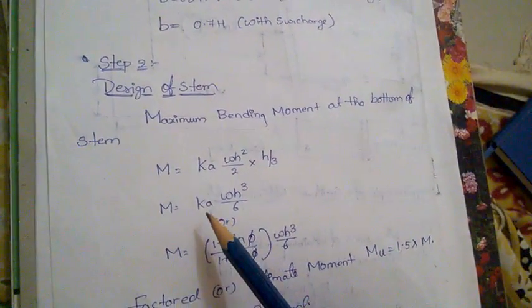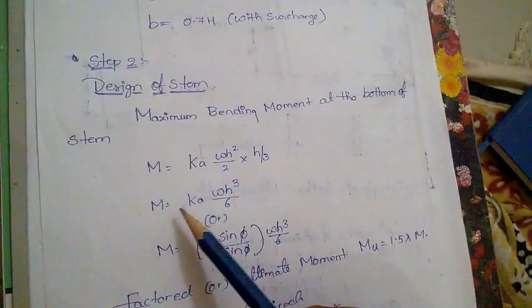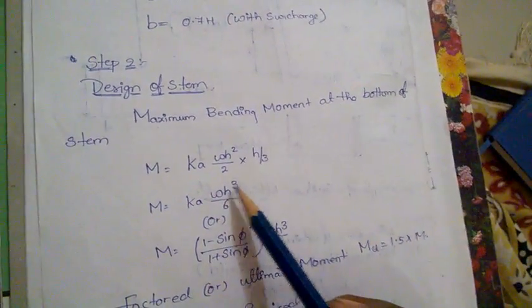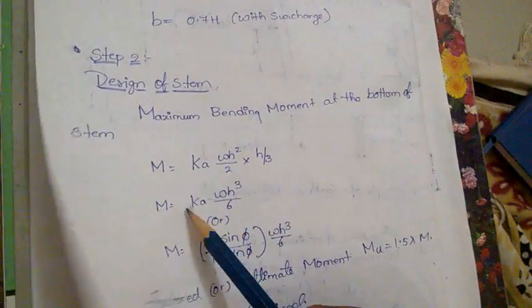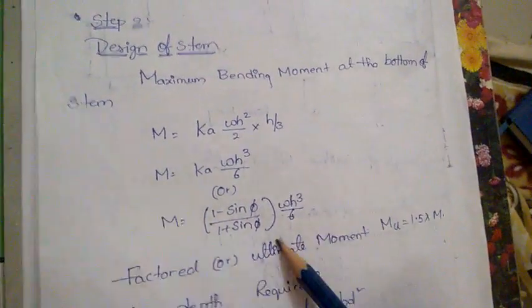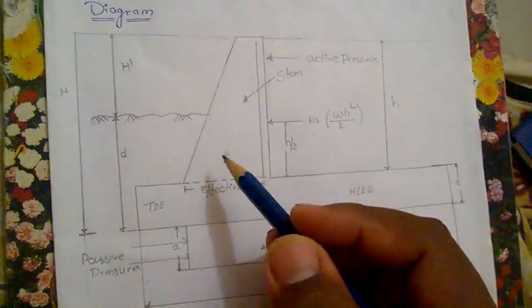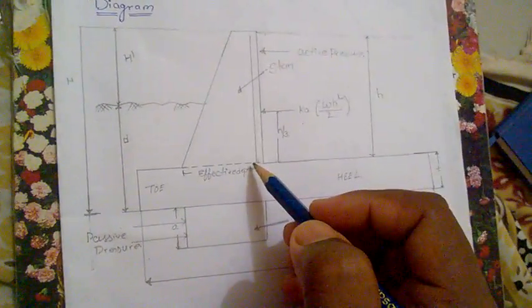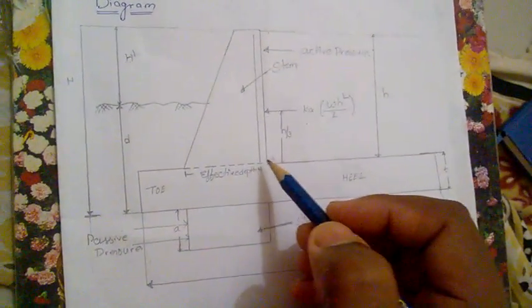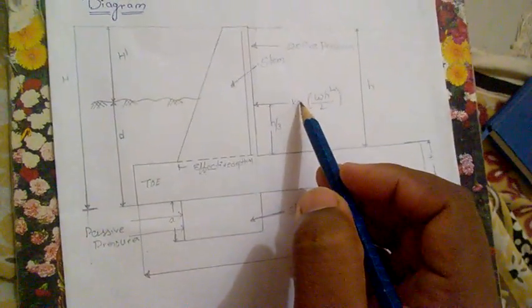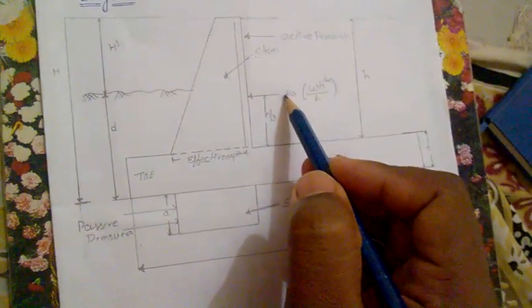Okay, here we have written moment is equal to Ka WH cube by 6, or directly, Ka we know is 1 minus sin phi by 1 plus sin phi, WH cube by 6. Here they are taking moment at the bottom. At the bottom means what are the reactions acting?